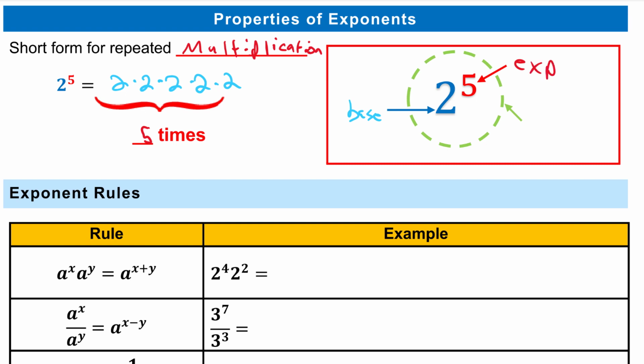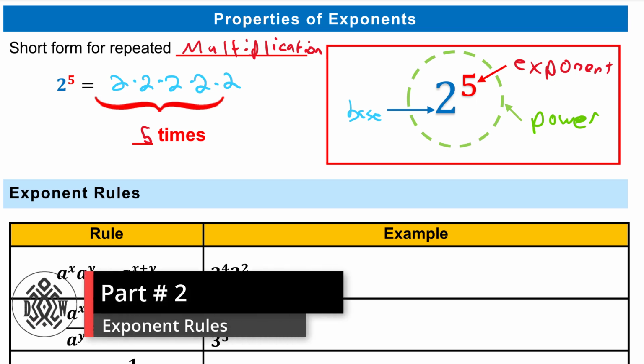That's the number raised on top like that. And the whole thing, 2 to the 5, is called a power. This is a little bit less important to know, but it's nice to know since we're already learning it.